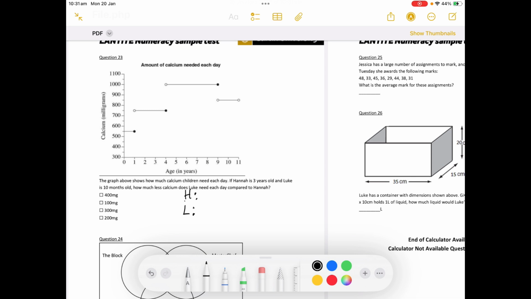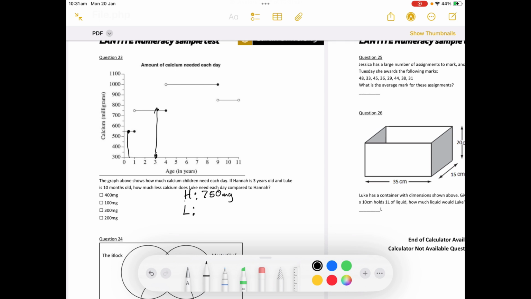So Hannah is 3 years old, that's here, okay? So how much calcium is she going to need? That's here, okay? So Hannah is going to need 750 milligrams. All right, what about Luke? Luke's 10 months old, so that's this one here, okay?